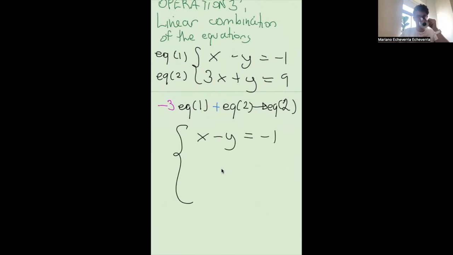Okay, so now I'm going to multiply equation 1 by -3, and I'm going to add it to equation 2. I'm doing that on both sides. So multiply equation 1 by -3, you get this, and you add it to equation 2. Let me see if I can write all of this in a more succinct notation.